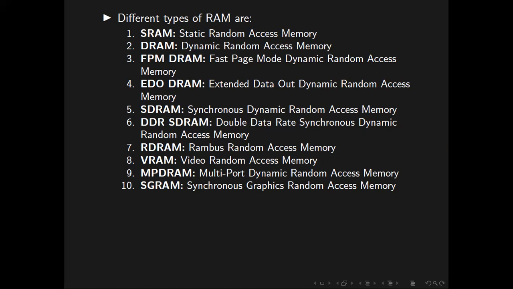These are the 4 names, and we have seen the 10 types of RAM available, and only 2 are in current use: DDR SDRAM and graphics memory SGRAM. All the others have gone out and are no longer being used. With this, we close the class. We have seen only RAM, random access memory. Okay, bye-bye.